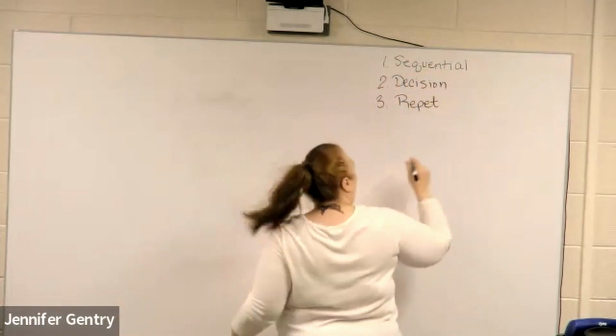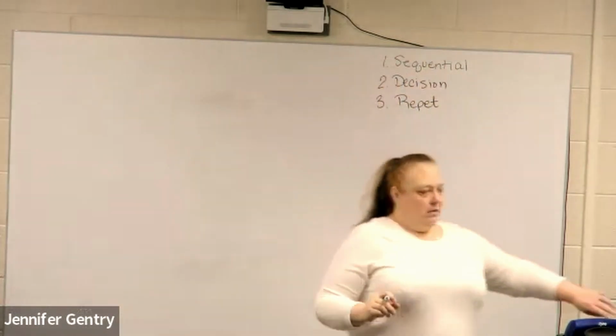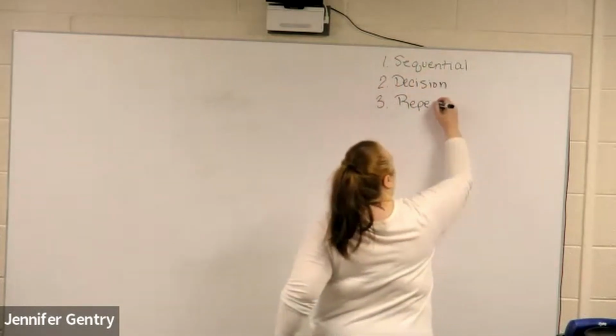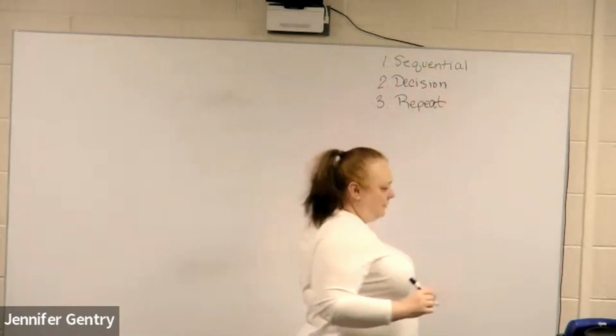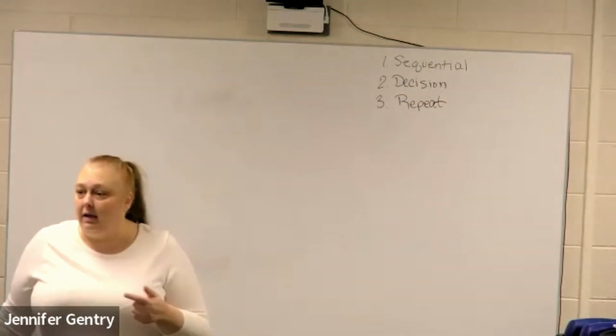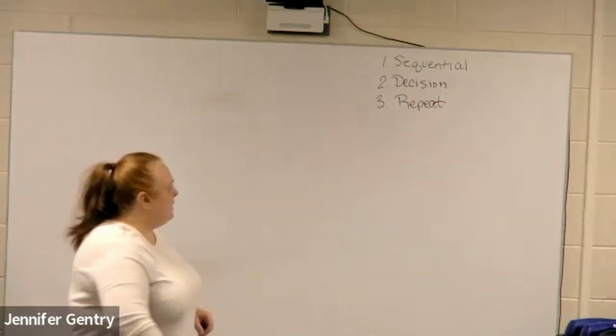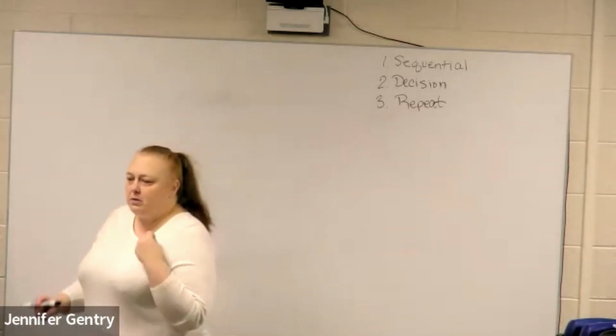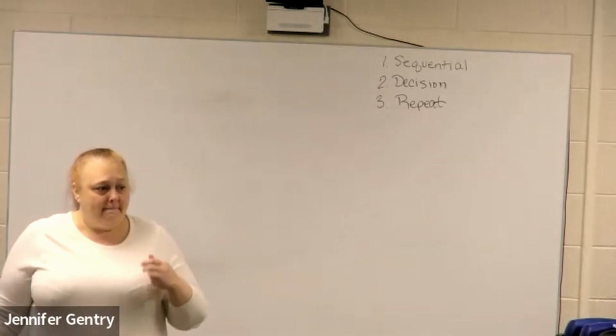I think there's an A in repeat. We can repeat. That's all we can do, okay? So you've got to be able to do whatever you need to do using one of these 3 things. The only way we can have control, okay?